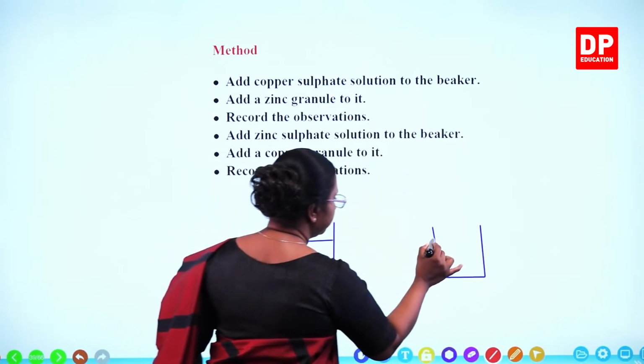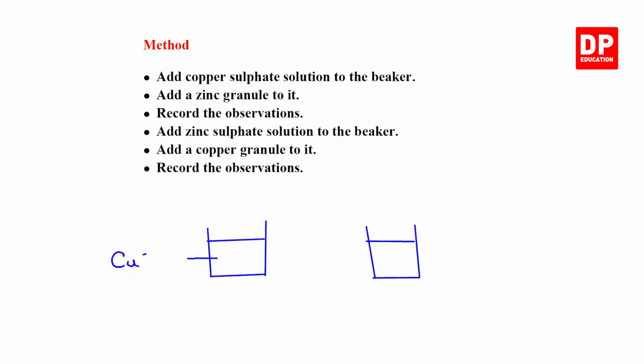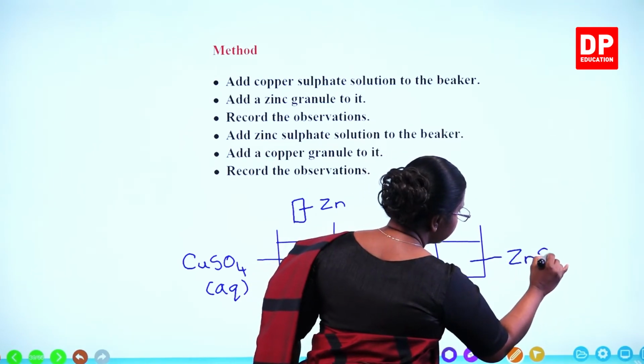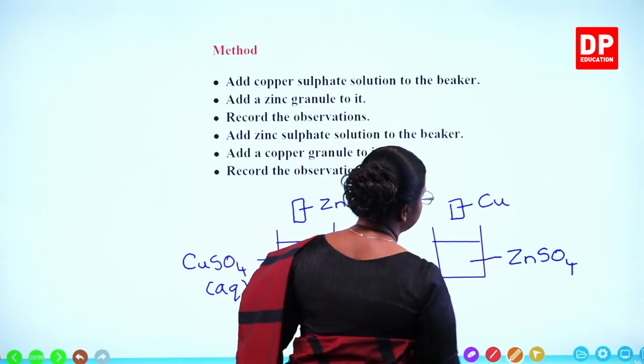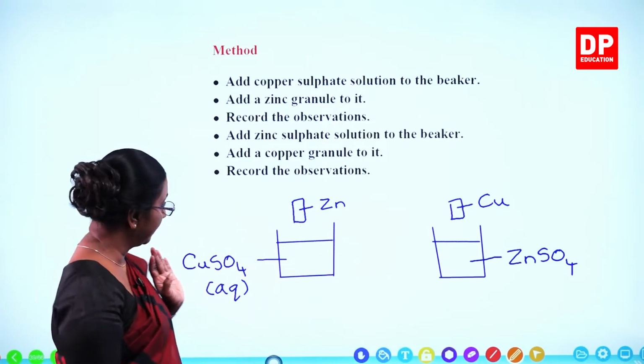In this copper sulfate solution, as I said, aqueous refers to solution, AQ, because it is dissolved in water. Into that we will put a piece of zinc metal. Into the other beaker we will take zinc sulfate solution, and into that I will put a piece of copper. So 2 activities, and we will observe what happens there.